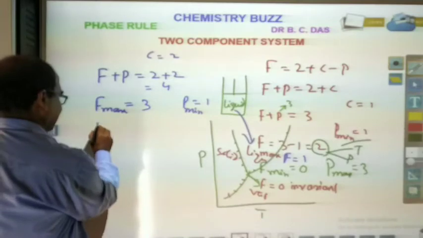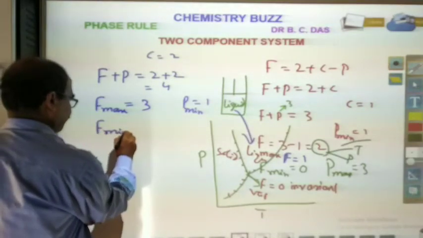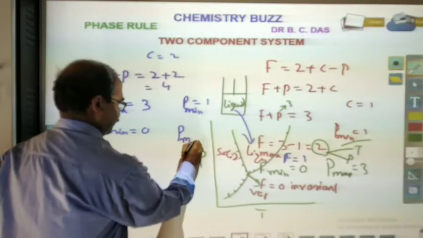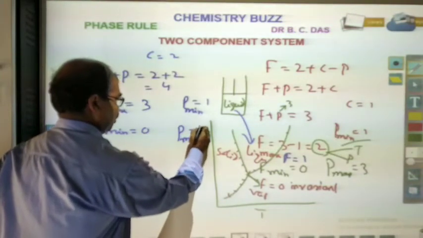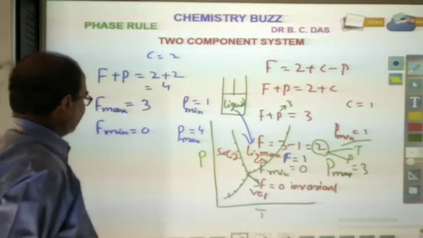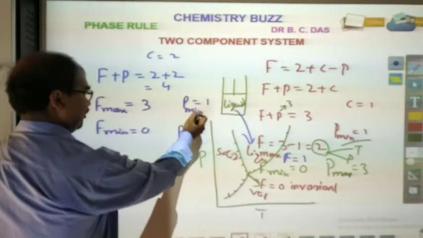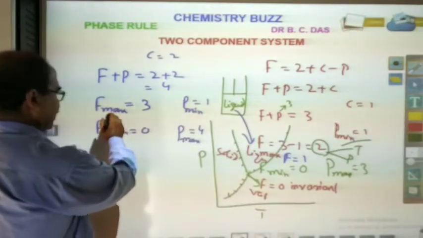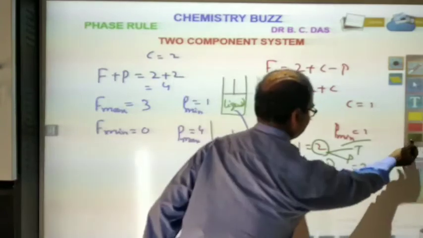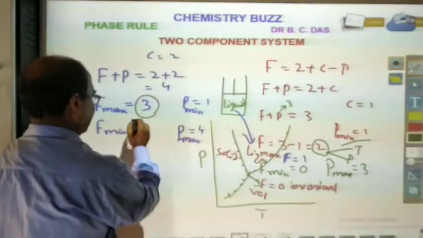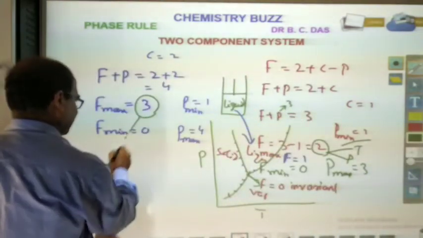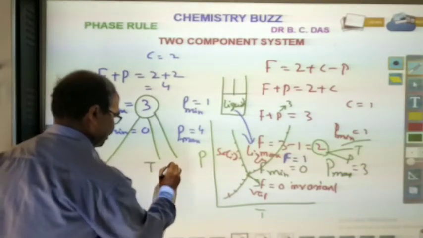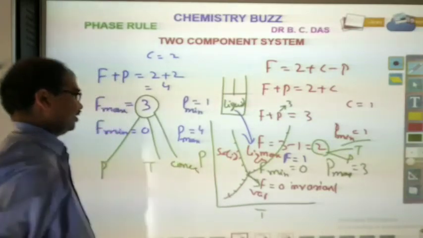F minimum will be 0 when P maximum is equal to 4. When the minimum number of phases is 1, the degree of freedom is 3. So when degree of freedom is 3, we have 3 variables: pressure, temperature and concentration.